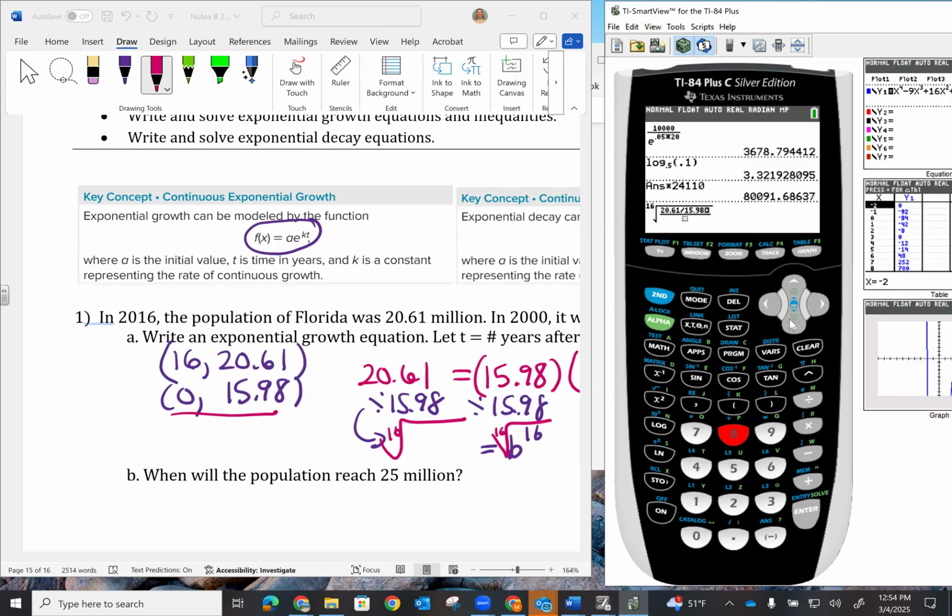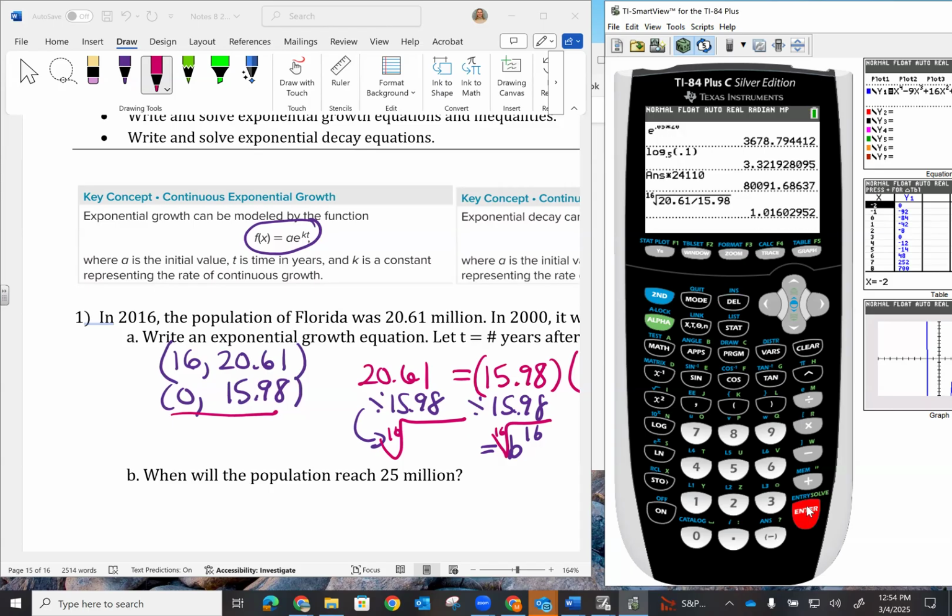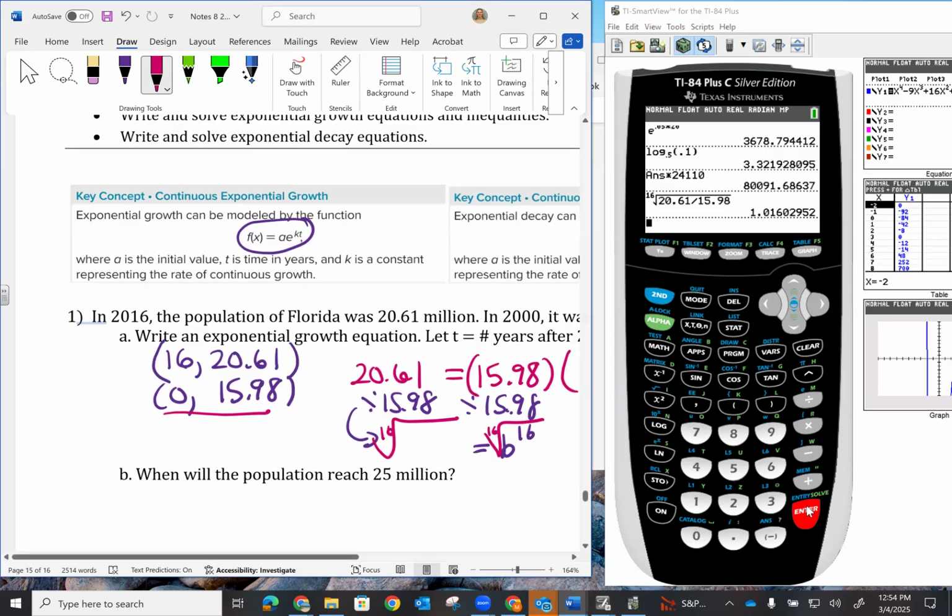You can do it as a fraction or a quotient. And then the answer to that will be 1.016.